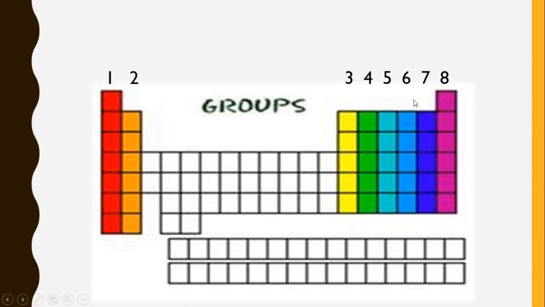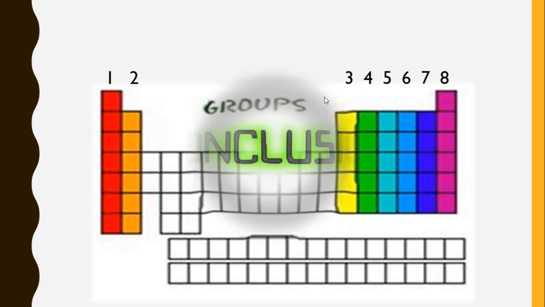And same with the rest of the groups, except for group 4 and 8. Group 4 has 4 valence electrons, and mostly these elements tend to form covalent compounds. And group 8 already has full valence shells, so they don't need to gain or lose electrons.